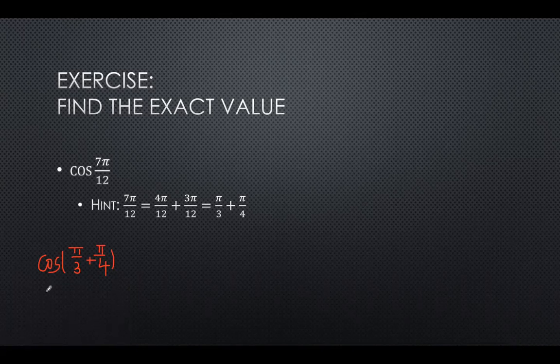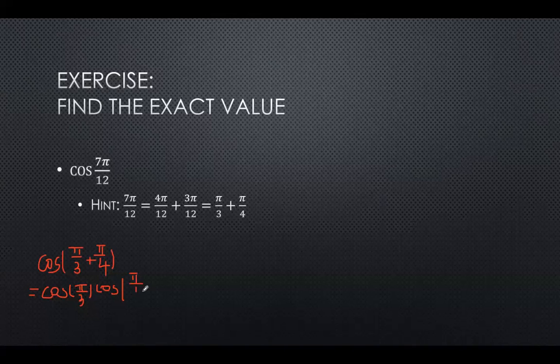So using our sum identities, I remember that for cosine it is two of the same functions multiplied together. So it's cosine of pi over 3 times cosine of pi over 4.